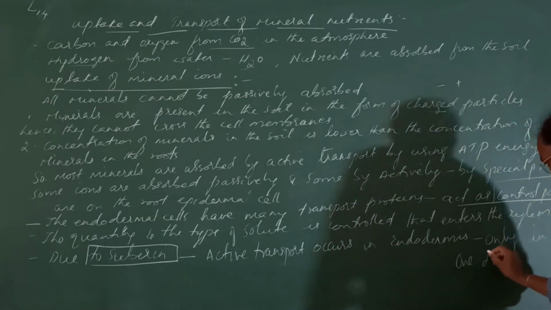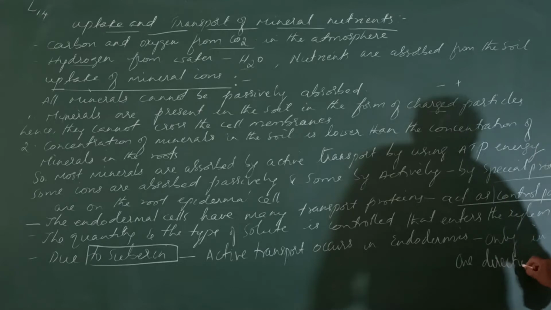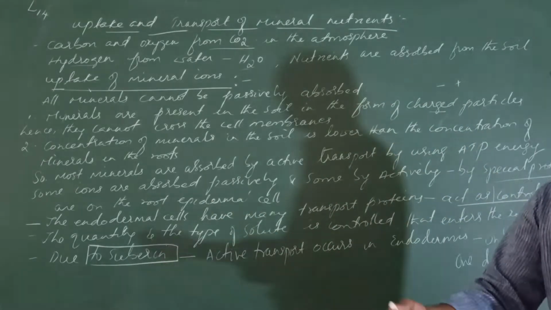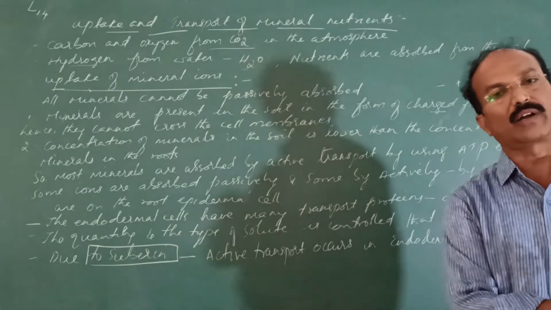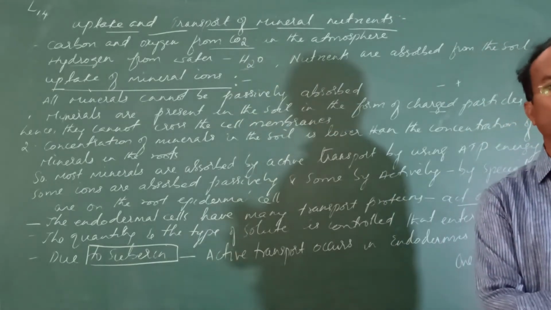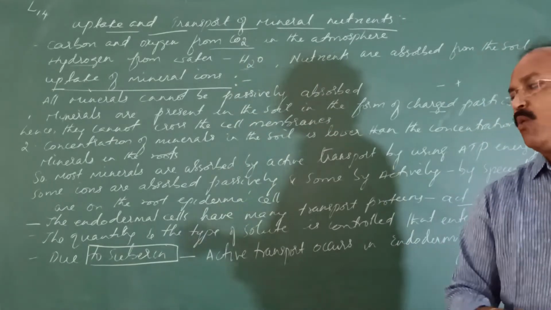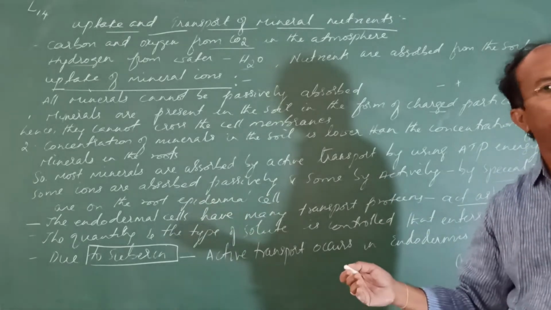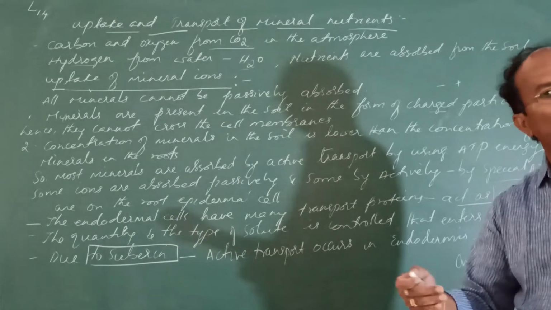That is, when minerals move into the stele, they do not come back into the cortex once again. From the cortex, when these ions move into the stellar region, they do not flow back.